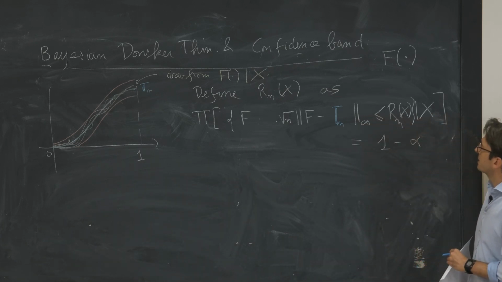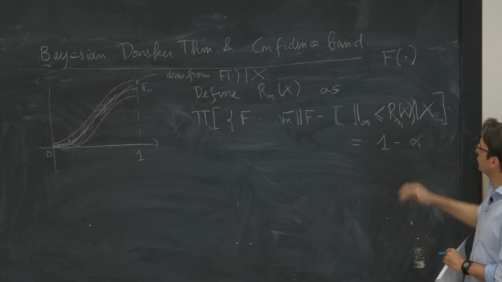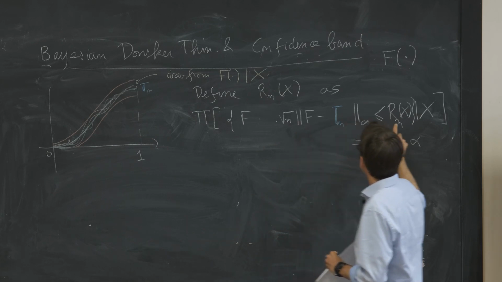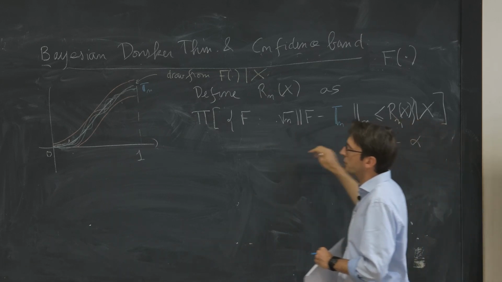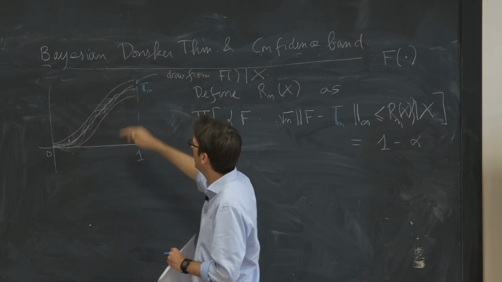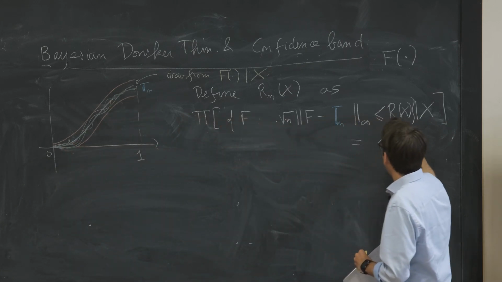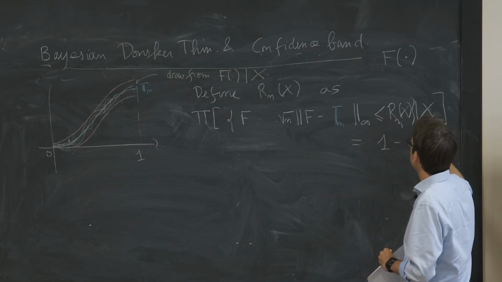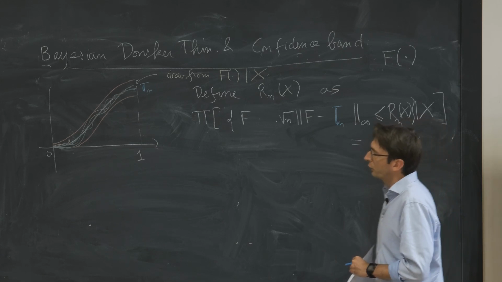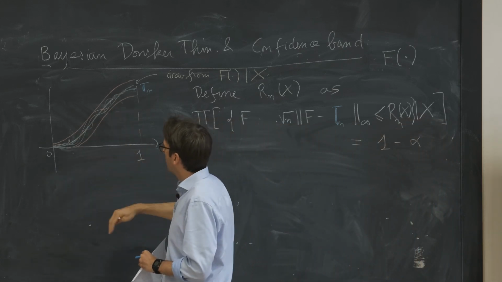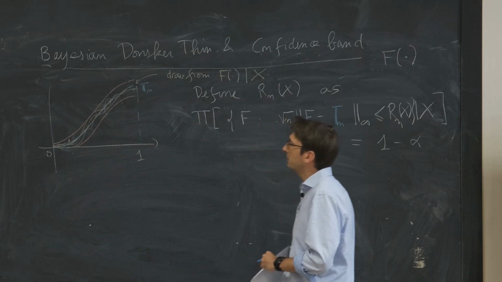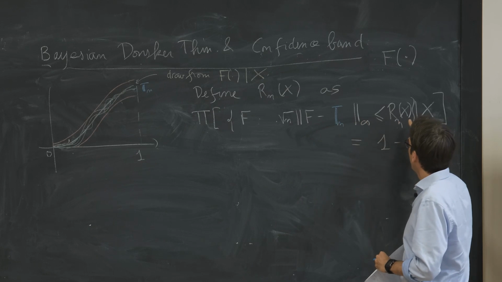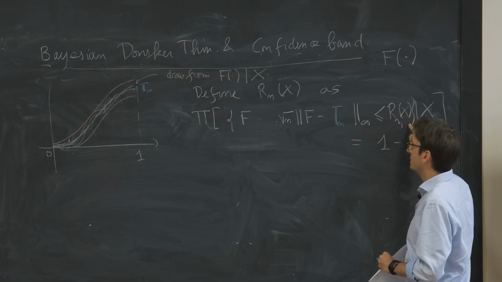When I solve for this equation, which I can do in practice, from my samples of F I can estimate this Rn of x. If I draw capital N samples in yellow here, I'm just looking at a quantile of the rescaled sup norm in the posterior for capital F. So I draw many, capital N, times from my posterior on F given X, and I will have a quite precise estimate of this quantity.